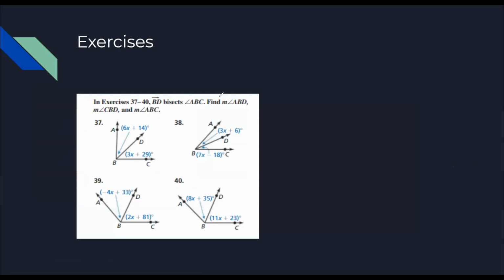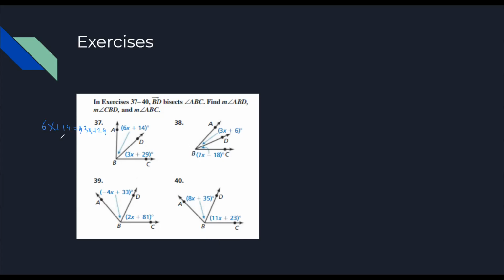All right, next, in exercises 37 to 40, ray BD bisects angle ABC. Find measure of angle ABD, measure of angle CBD, and measure of angle ABC. Since it's bisecting, you know that for number 37, 6x plus 14 is equal to 3x plus 29.